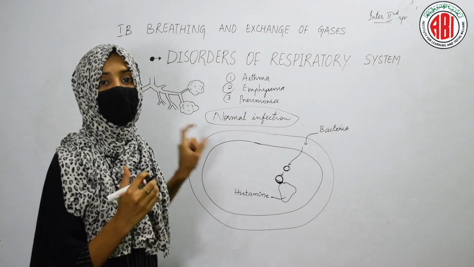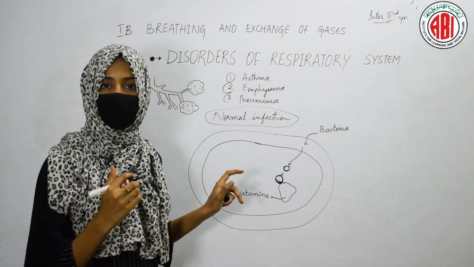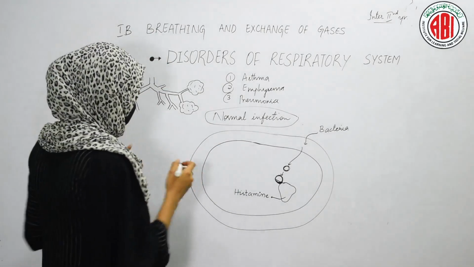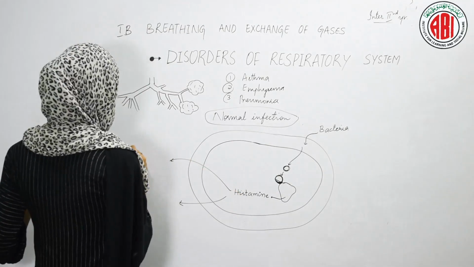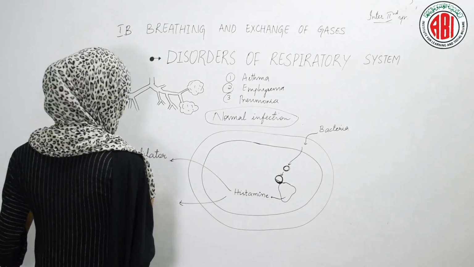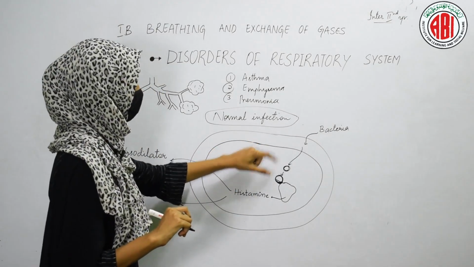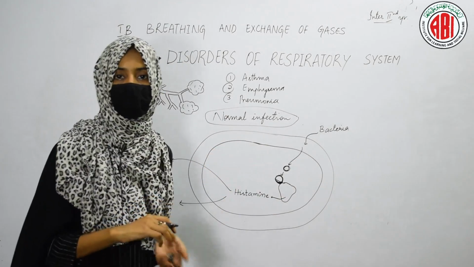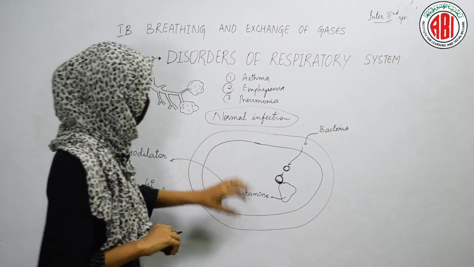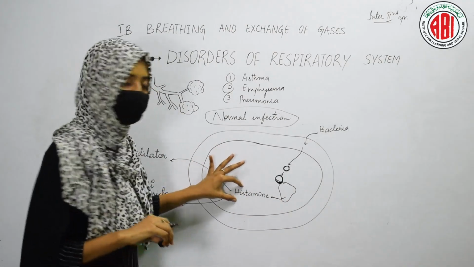Histamine is an important chemical of our body that acts as both a vasodilator and a bronchoconstrictor. Vasodilation means whenever any foreign particle or any bacteria comes and attaches to the surface of the mast cell, it releases one chemical named histamine.